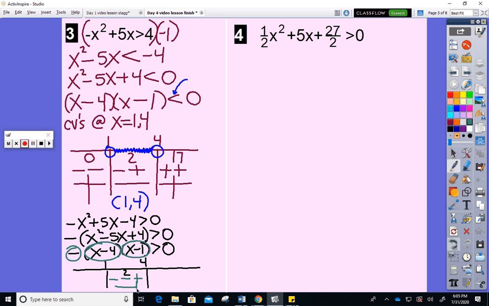And you might say, well, wait a minute, that doesn't match the sign chart before. No, it doesn't, but recognize, guys, that now you're looking for where you get a greater than 0. So where you get greater than 0 is where you get a positive result. So my result would still be 1 to 4.